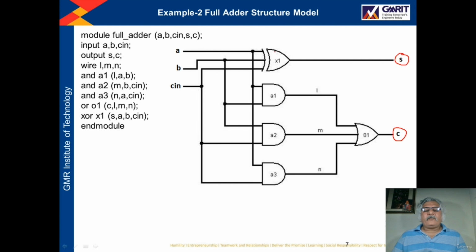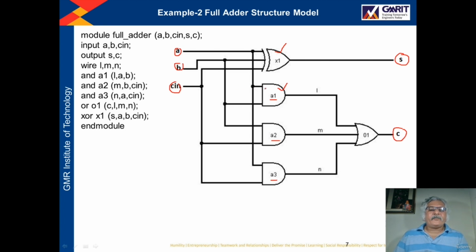Now here there is one 3 input XOR gate which is connected with input ports A0, B0 and C. And now there are 3 AND gates. Because there are 3 two input AND gates, to identify these gates I have given the labels A1, A2, A3, right?